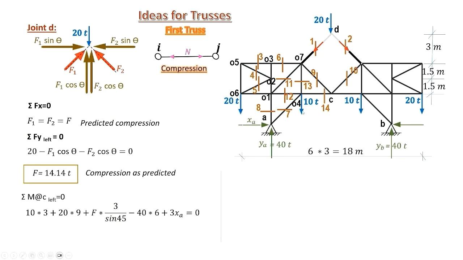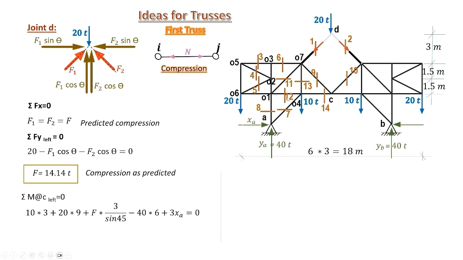We have 10 tons at O4 and the arm 3 meters until we reach C. We have 20 tons at joint O6 and an arm 9 meters until we reach C. We have the force F, the force in member 1, multiplied by the arm perpendicular to member 1, which is 3 divided by sine 45, or in other words, the distance CO7.